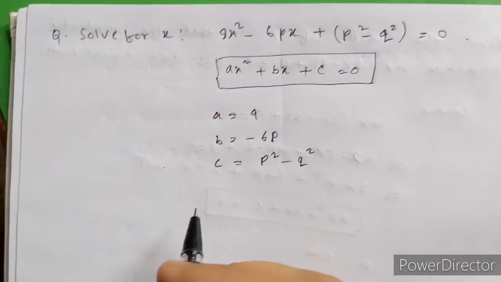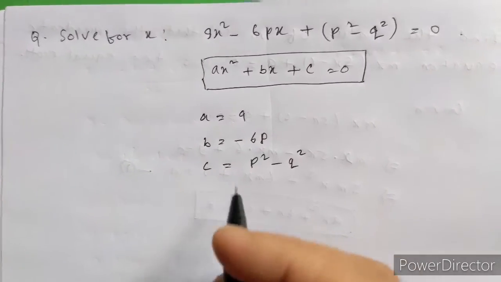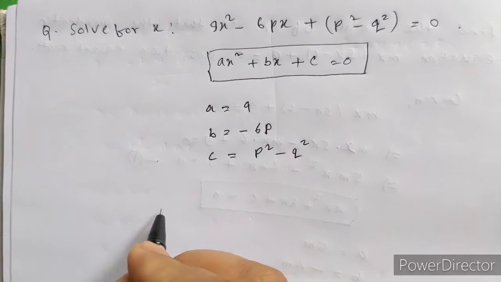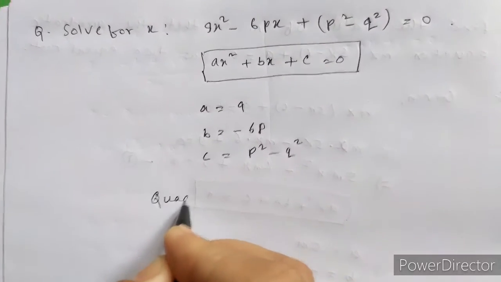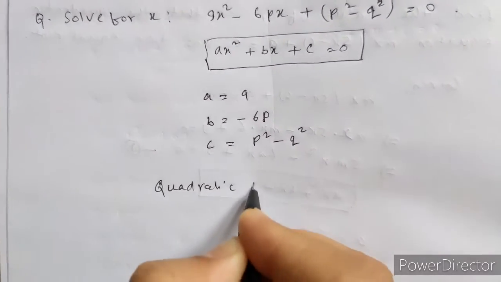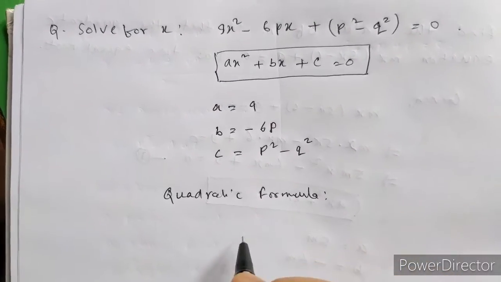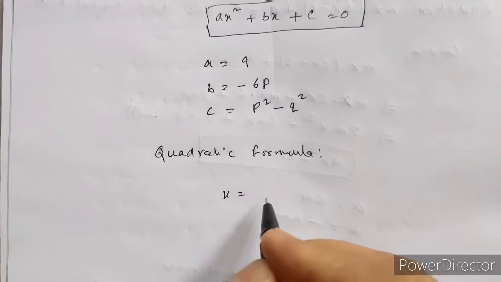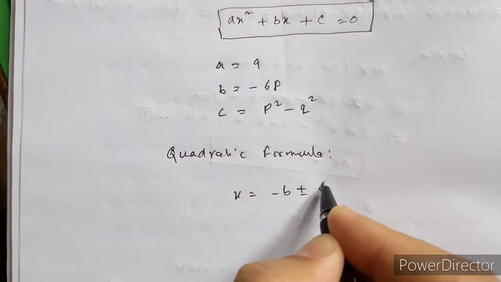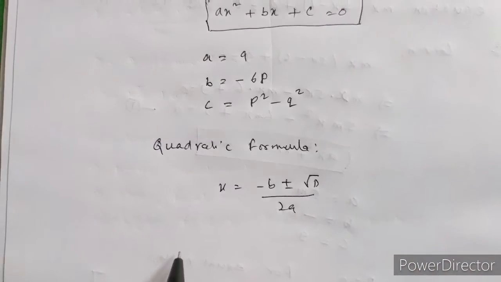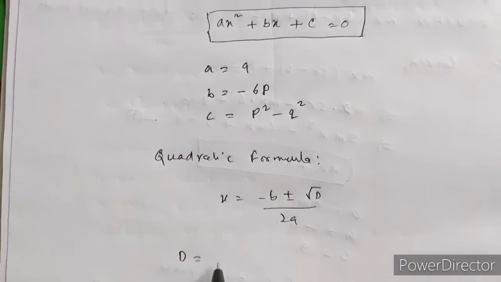So I'll solve this problem by using quadratic formula. So what will be the quadratic formula? Quadratic formula, that is x is equals to minus b plus minus root over d by 2a. So we'll first find out d, value of d.